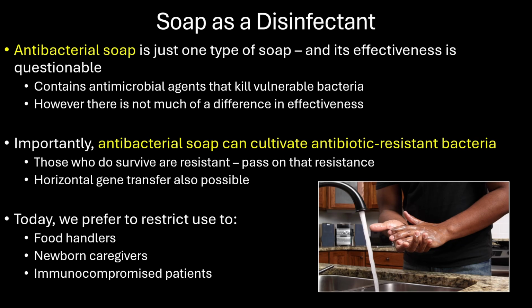We can also have different kinds of soap that have antibacterial agents mixed in. So antibacterial soap is just one type of soap, and its effectiveness is actually a bit questionable. Antibacterial soap can actually help cultivate antibiotic resistance in some bacteria, because when we are introducing bacteria to antibiotics, we naturally create a type of selective pressure.